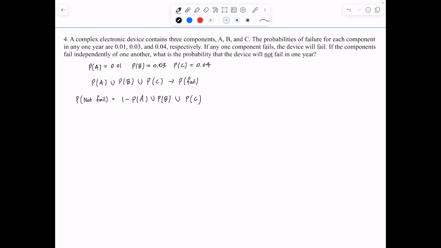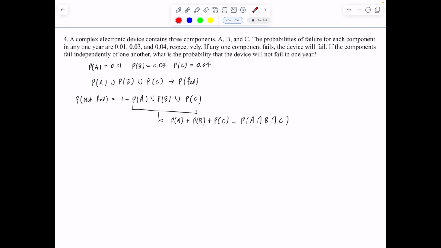Okay. And so how do we calculate this part here? So in the AP Stats exam, they give you a formula for calculating the union. Okay. In this case, it's going to be, so this symbol here is the intersection.